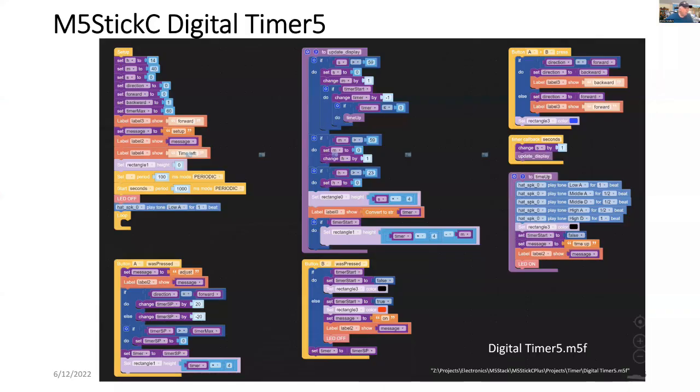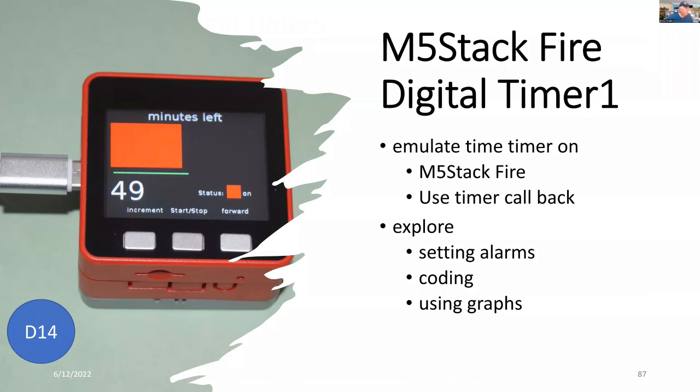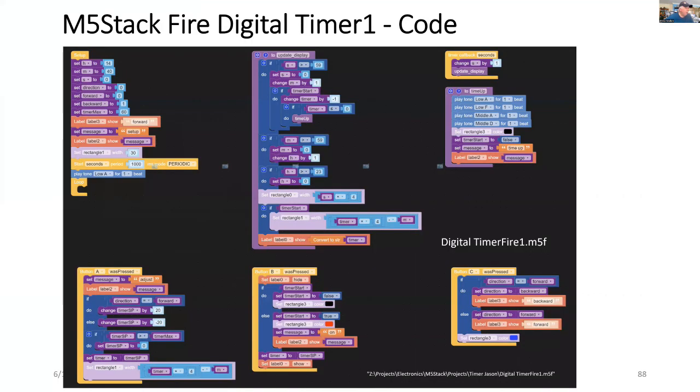And here's the code for doing that. Or alternatively, we can do the same thing with a M5 stack Fire computer. And here on the display, we've got 49 minutes left. And the red bar indicates how much time we've got left over, and the code for that one.